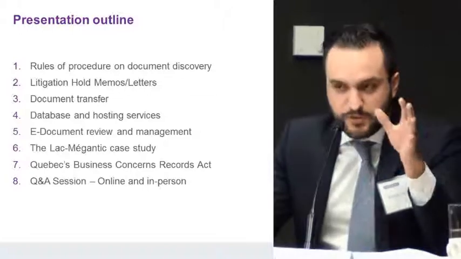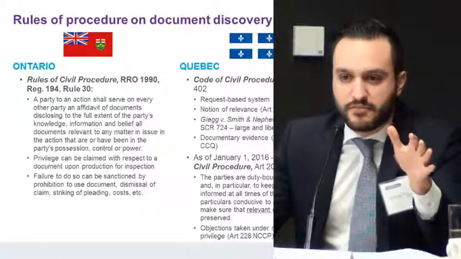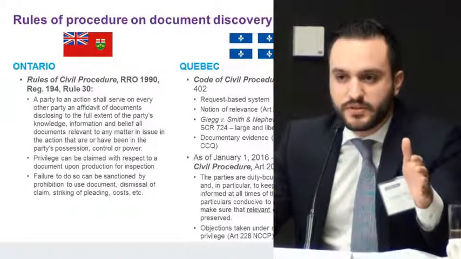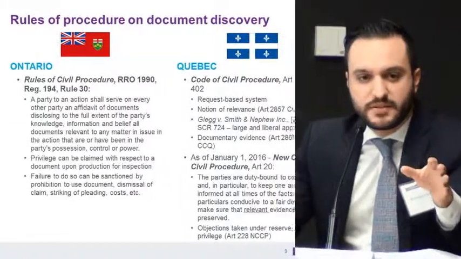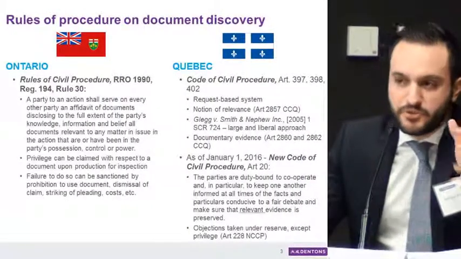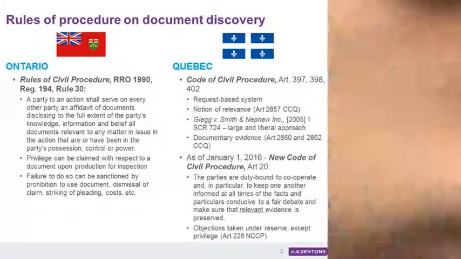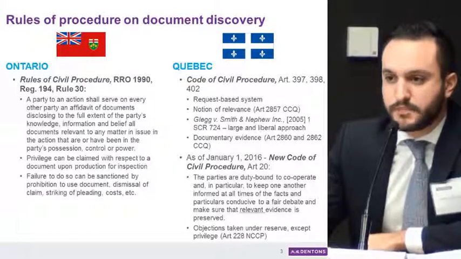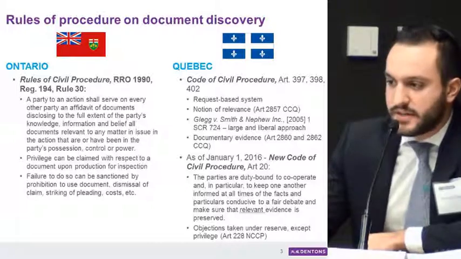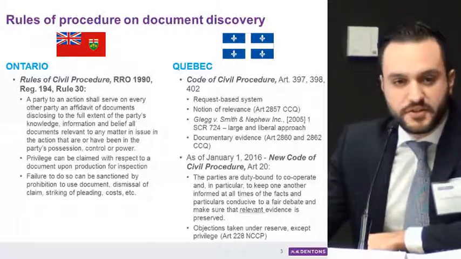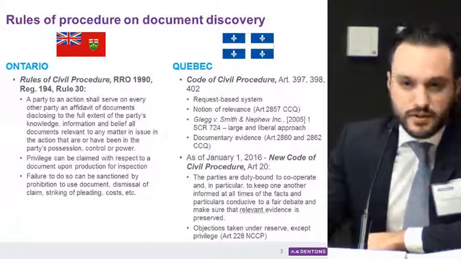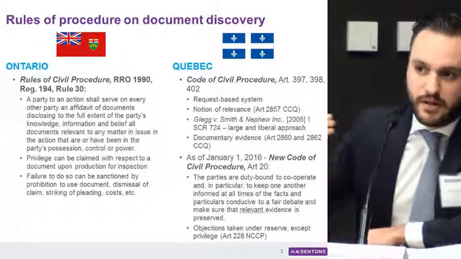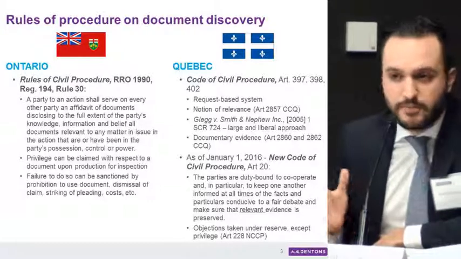So, rules of procedure. Before we start, e-discovery, for those of you who may not be familiar with the term, is basically the process of identifying, preserving, retrieving, reviewing, and producing documents in the context of litigation. Mélanie will go through the various duties under Ontario law and the comparison with our Quebec law. The goal today is not to give you the whole rundown on the Ontario best practices.